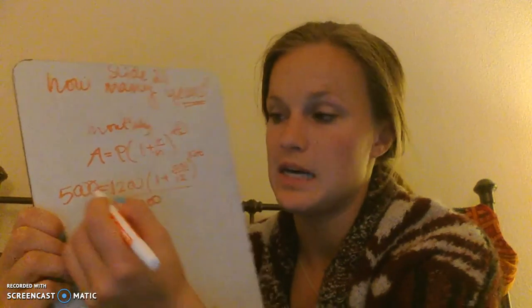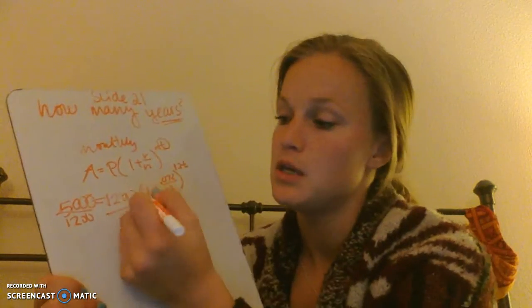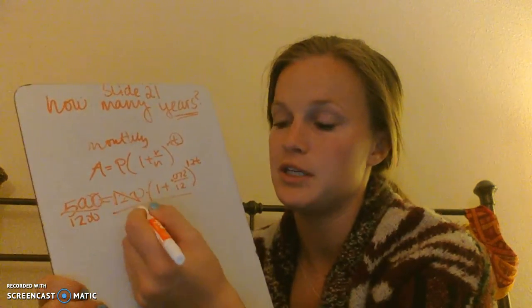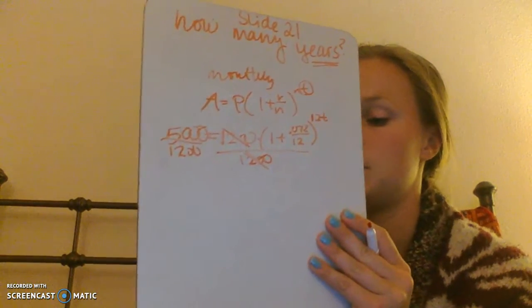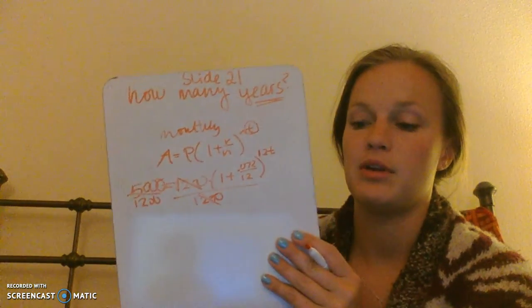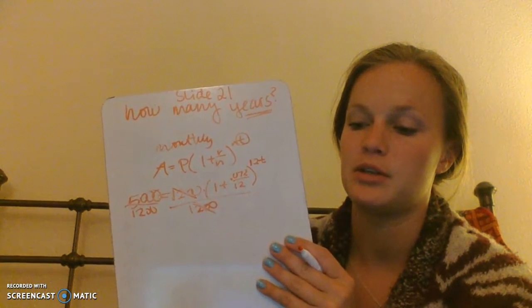What I do to one side, I have to do to the other. That's going to allow me to drop these off because I'm doing inverse operations. I'm multiplying by 1,200 and then dividing by 1,200. Those inverse operations undo each other. And then I'm going to my calculator and doing 5,000 divided by 1,200.